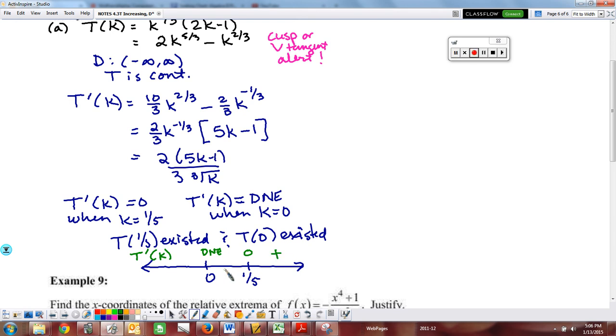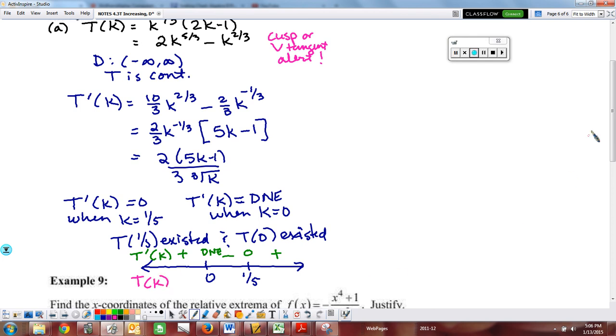If I pick something like 1/10, 1/10 of 5 is going to be a half minus 1, so that'll be negative over positive, so that will be negative. And then pick something down here like -1, so we'd end up with a negative and a negative overall, which is positive.